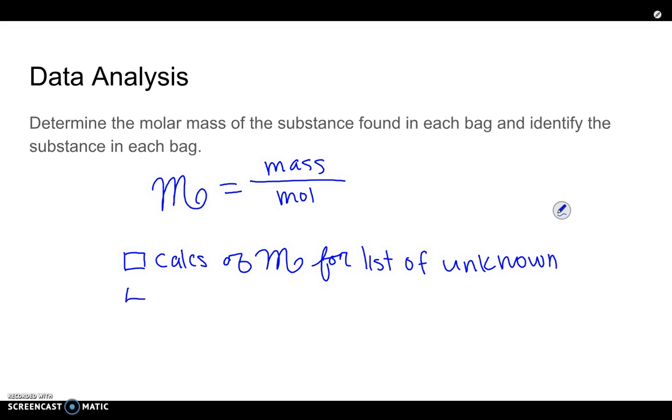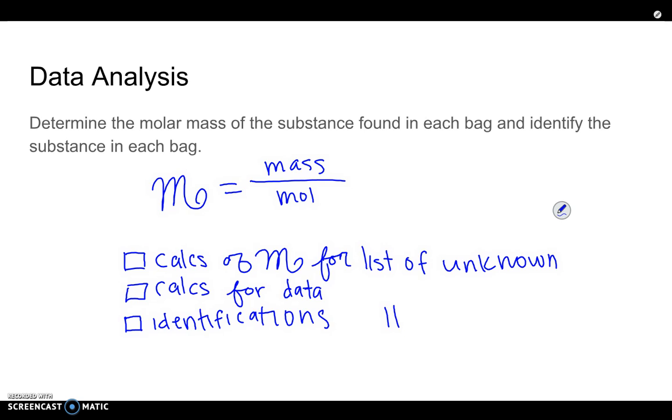Show me your calcs for your data, and then show me your identifications. So you'll have like, okay, number 1 is zinc oxide or whatever you think it is. I don't know if it's zinc oxide or not. I can't remember. So that's what I'm going to be looking for in your data analysis.